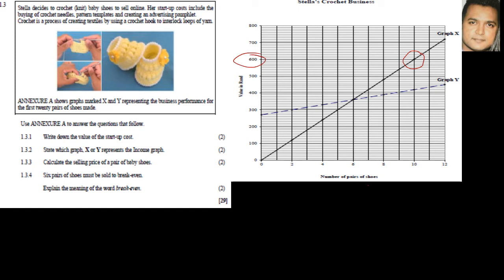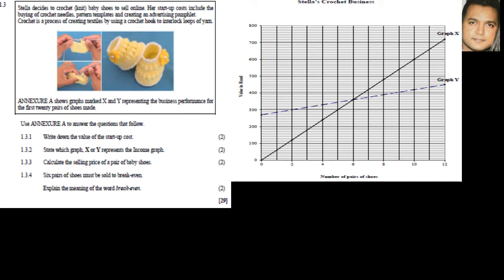So I can use that number for my calculations, and I notice that if I come all the way down here, the 600 is 10 pairs. So I can use this calculation to find out the price of one pair. If 600 Rand is for 10 pairs, I divide it, then I know that one pair will cost 60 Rand.